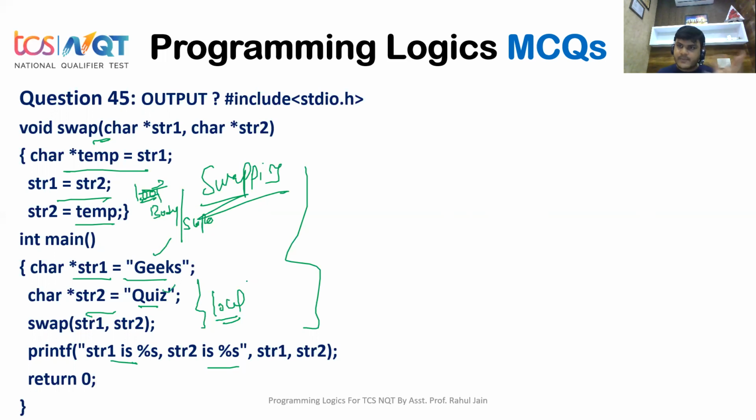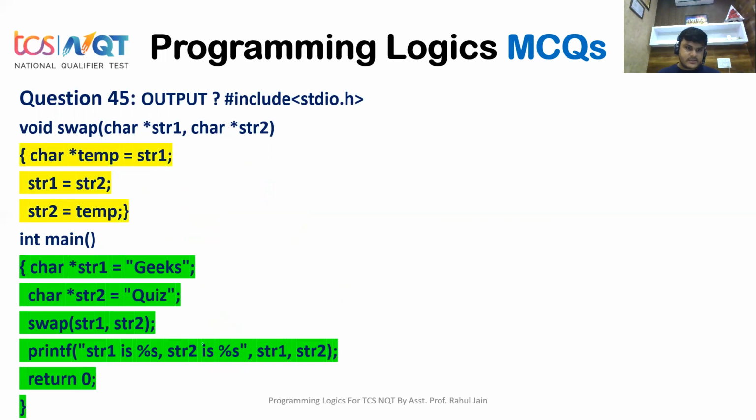So gigs and quiz would be printed as it is, and that question has been taken from GeeksforGeeks. Okay, so I hope that it is clear to you. So what would be the answer? String 1 is gigs and string 2 is quiz. It would be printed.